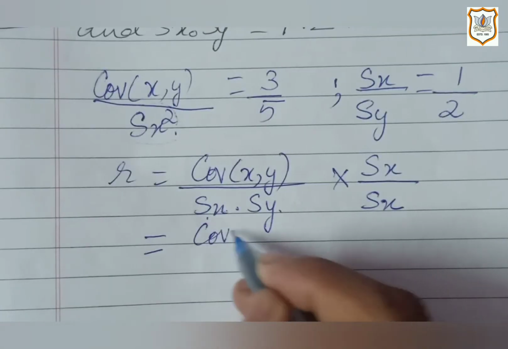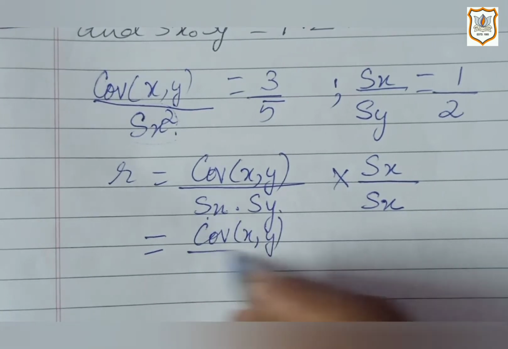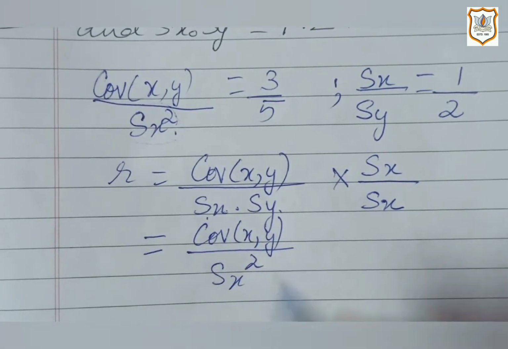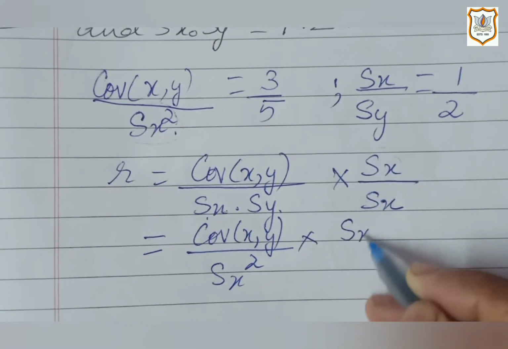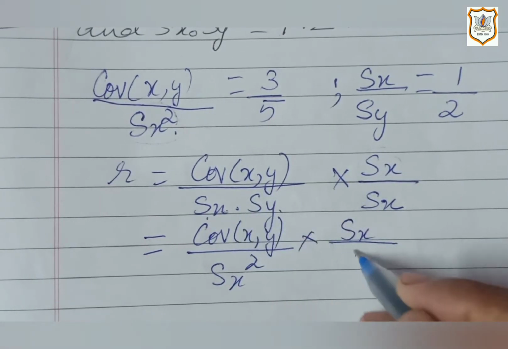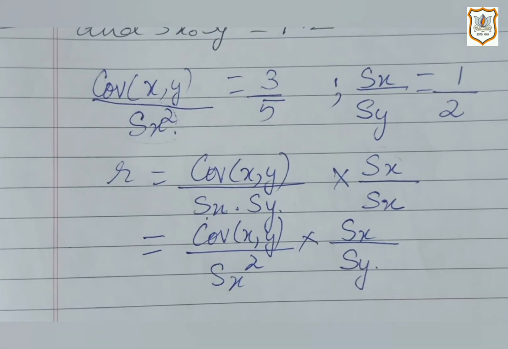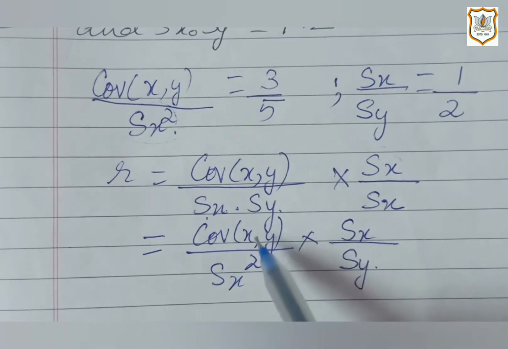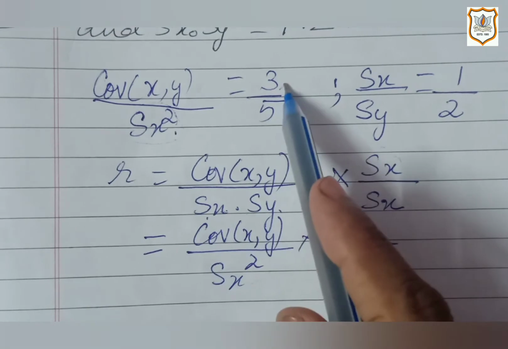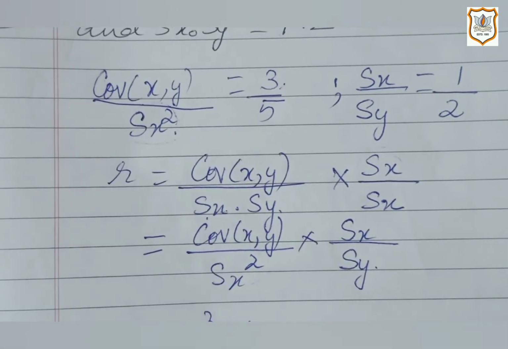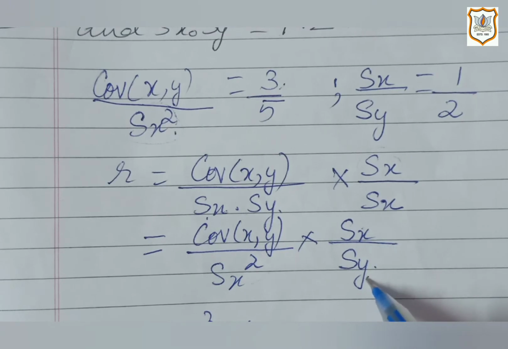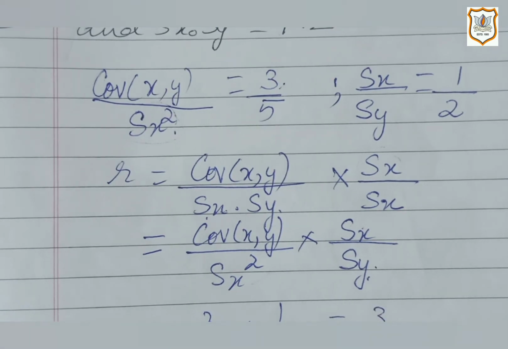So we can write down covariance xy upon Sx square into this Sx divided by this Sy which is remaining. Now you have this value. Covariance xy upon Sx square is 3 by 5. And Sx upon Sy we are having 1 by 2. So 3 1s are 3, 5 2s are 10.